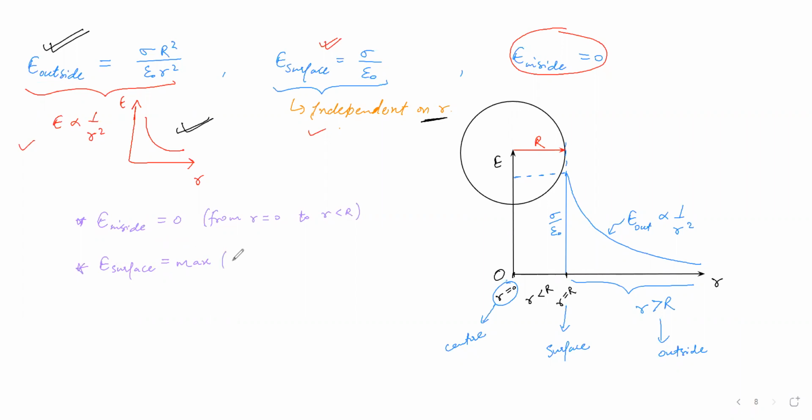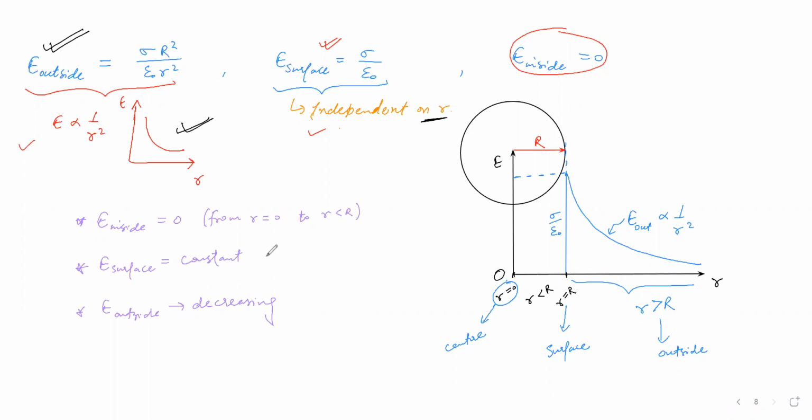Why? It is r equal to R. And E outside is decreasing. E at the surface is constant.